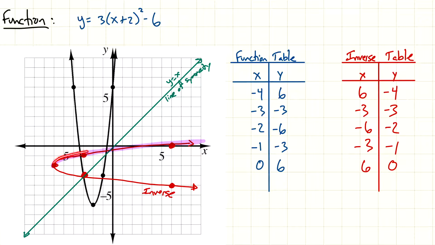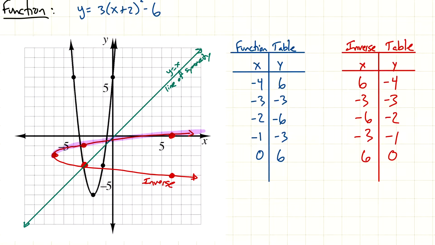So if we for sure want the inverse to be a function, we could only get the inverse of half of the original. So either the right side or the left side will give us an inverse that is a function. Otherwise, if we write the inverse of the whole parabola, then we end up with a sleeping parabola as the inverse, which is not a function because it fails the vertical line test.